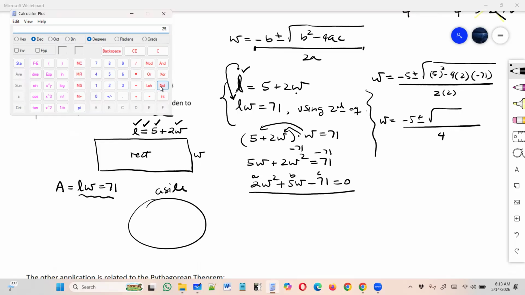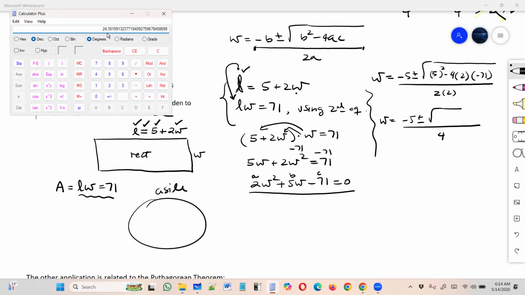So 8 times 71 plus the 25 is 593. I have no idea if this number is a perfect square, but I'm going to take the square root of it anyway. 593. And there you go.